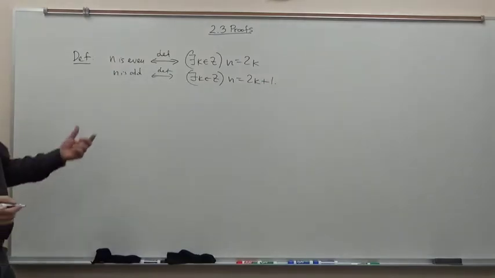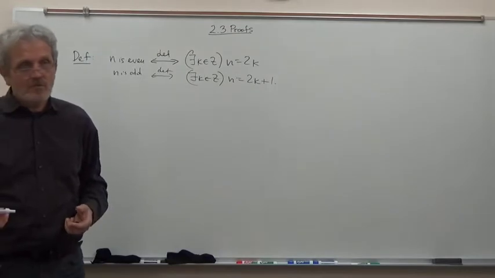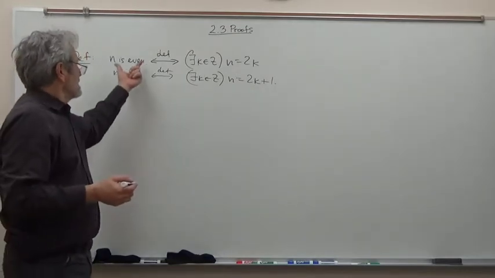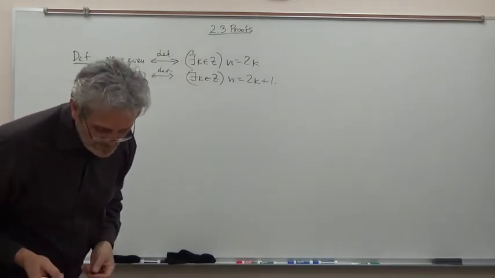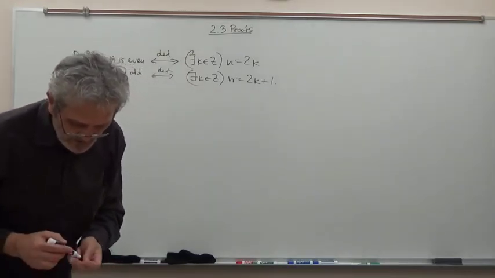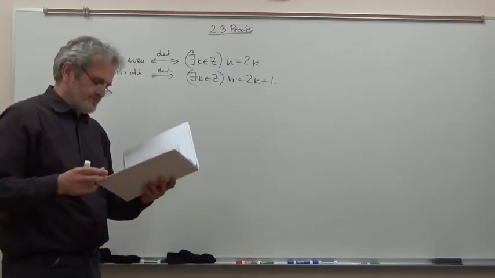So once again, this is verbal and this is formal. Whenever we see a statement involving one of these verbal terms, we always want to trade it for something formal.